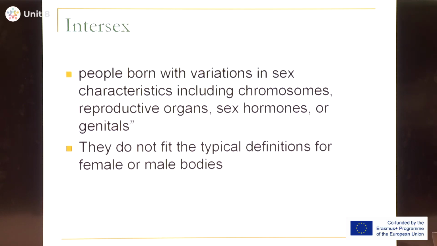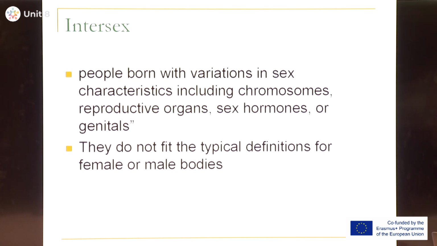It is easier to know what I mean when I say a female or a male. What about intersex? Are you familiar with the concept? Intersex people are born with variations in their sex characteristics from what is typically defined as female or male.